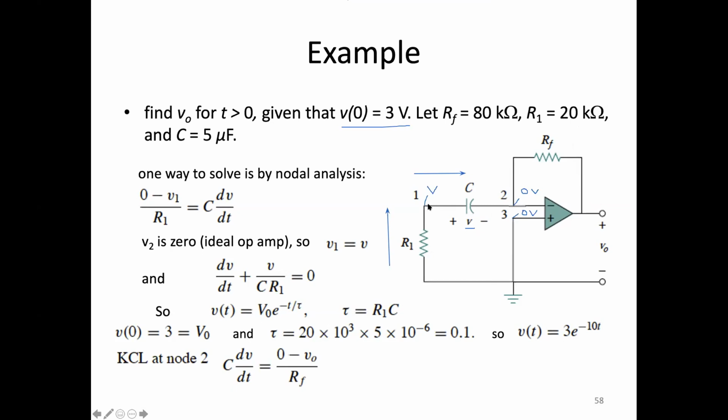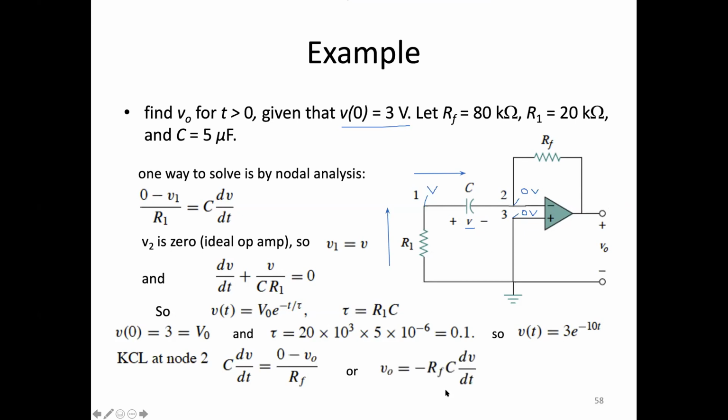And so we know that the current from 1 to 2 is equal to C times the derivative of the capacitor voltage. And we know that the current flowing from node 2 to the output is equal to 0 minus V naught over RF.